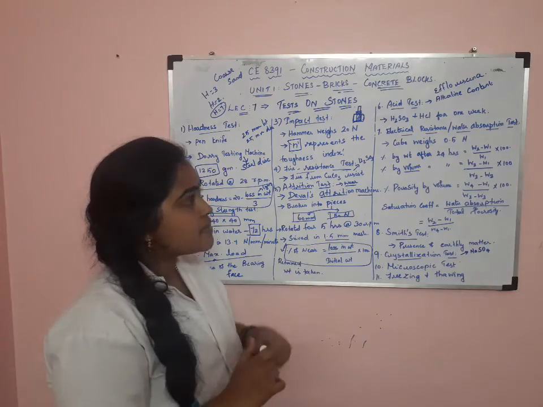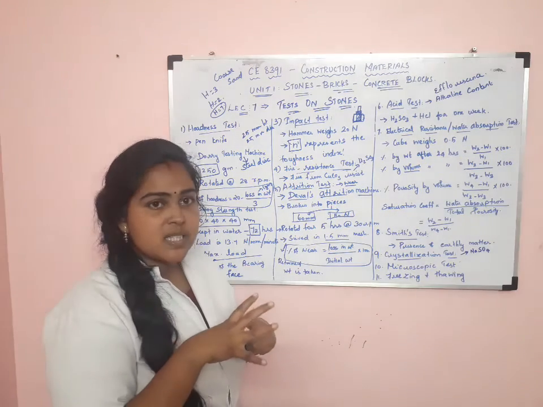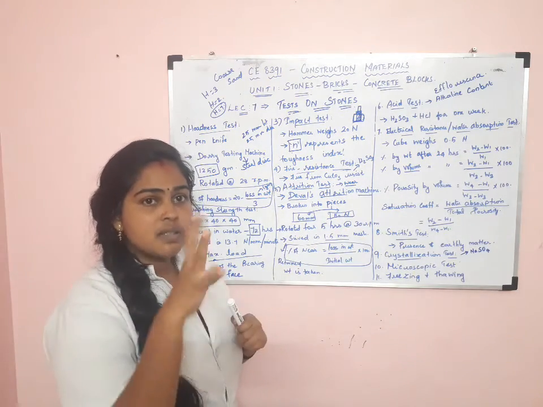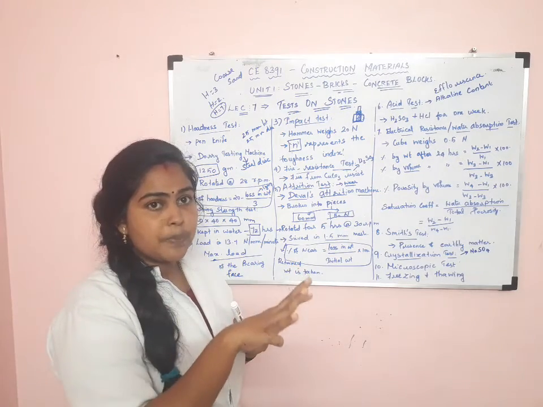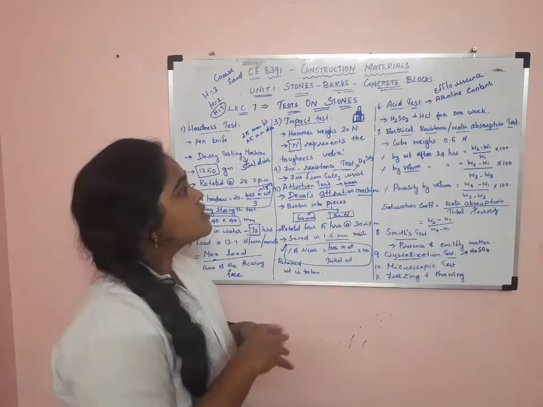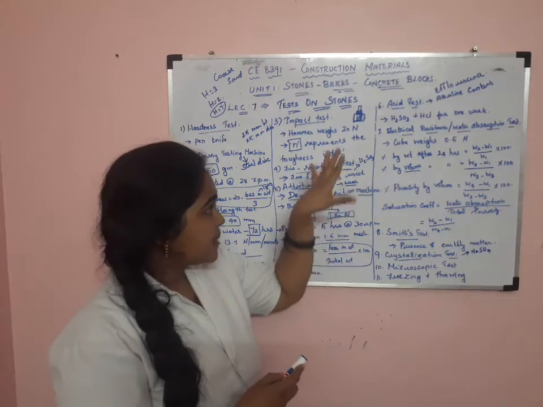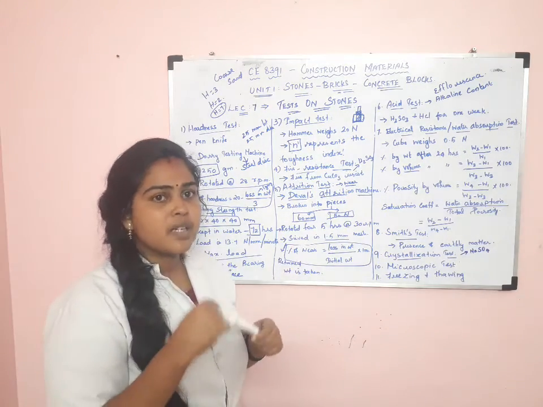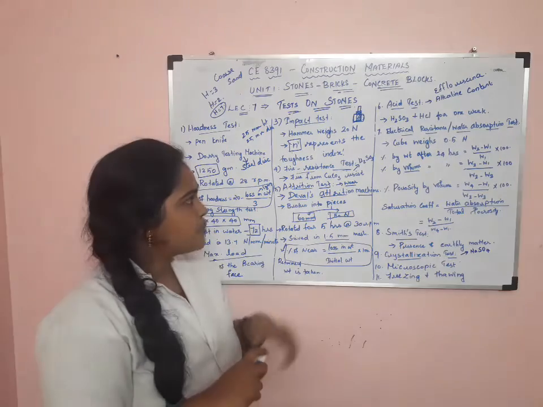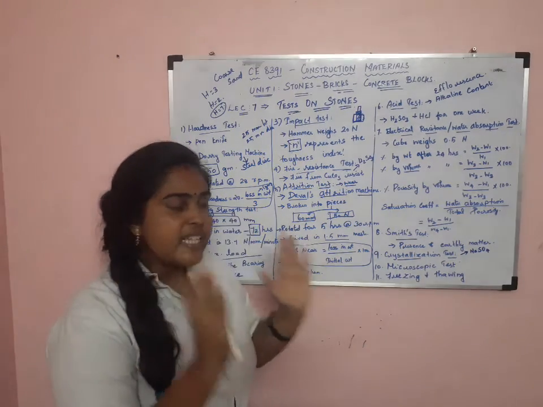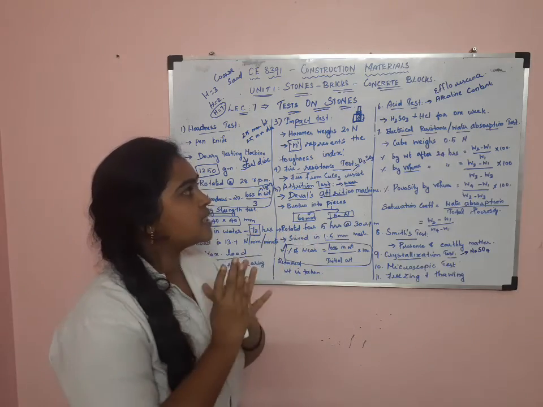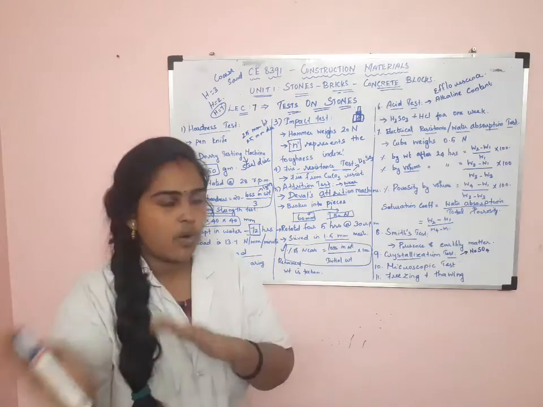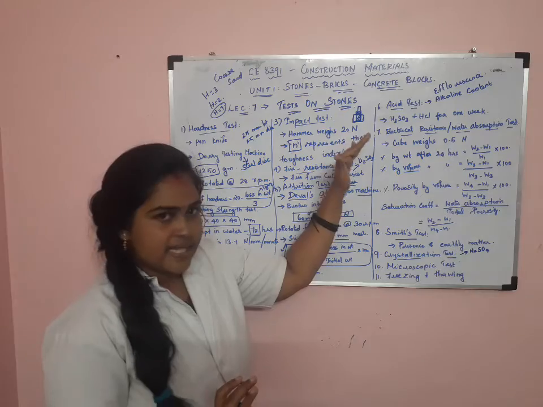Efflorescence means white patches present on the surface of the stone. If alkaline content is present in the stone, the edges of the stone become round. By observing this shape, we can find out whether the stone has alkaline content or not. So this is about the acid test.